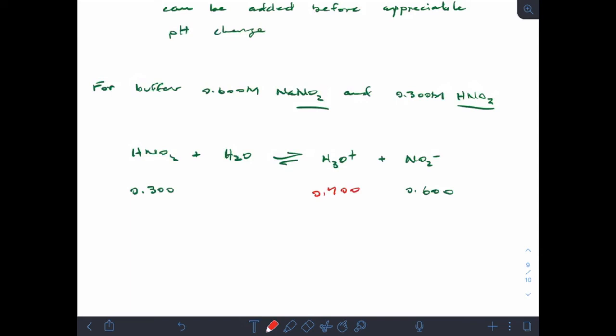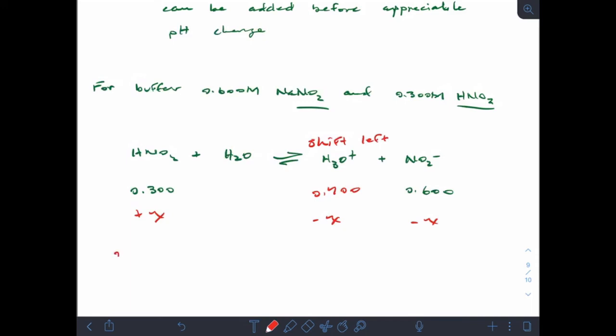So we're pushing up on the right-hand side of the equation, so the equation is going to shift left. We'll have a minus x and a plus x, because we're adding to that H3O plus.